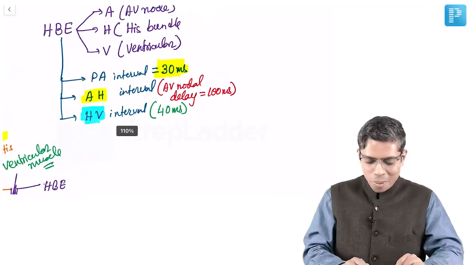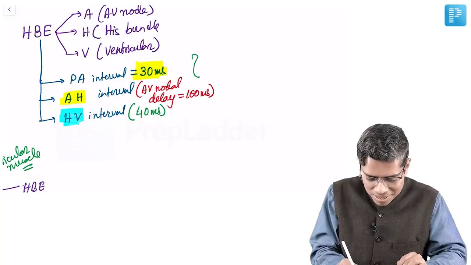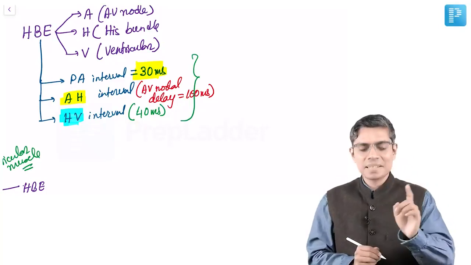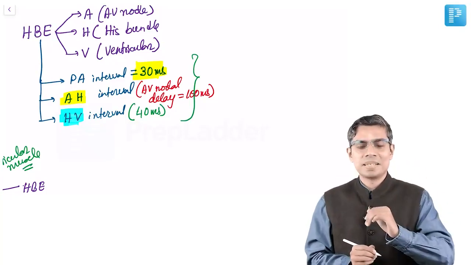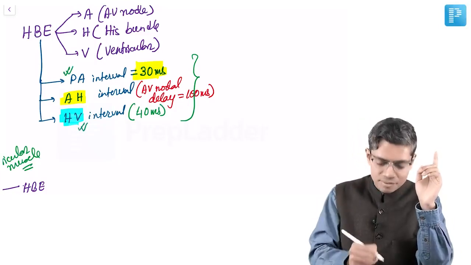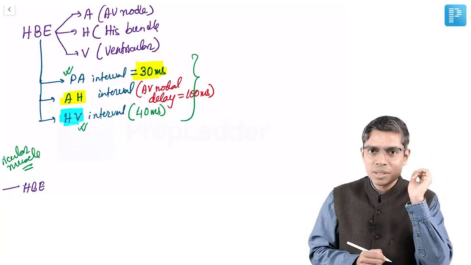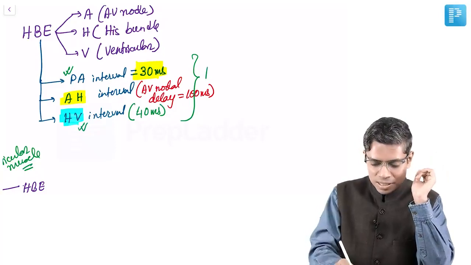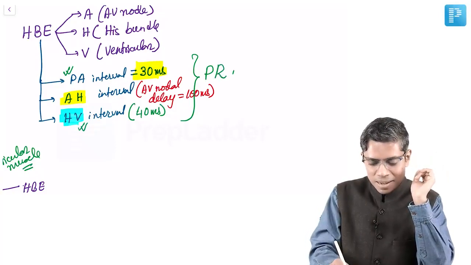So the combination of these three intervals PA, AH, HV is nothing but starting from P up to the V wave. V wave corresponds with QRS complex. So this is nothing but PR interval. Getting my point?